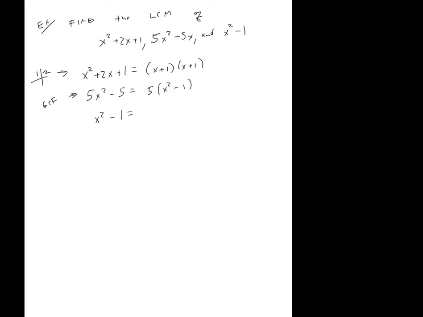Or, I'm sorry, I missed this x. It was up there. So let's go back. We pull out a 5x, and it looks like that leaves us with x minus 1.